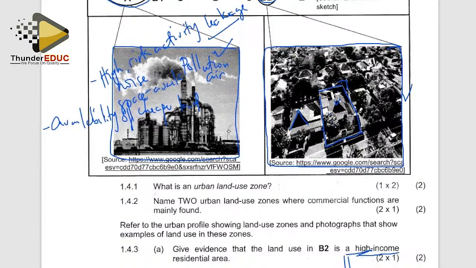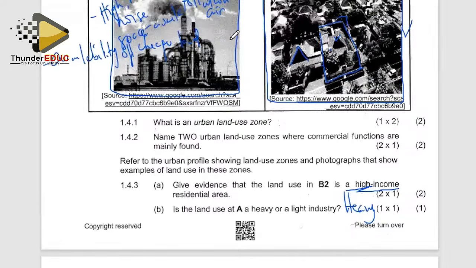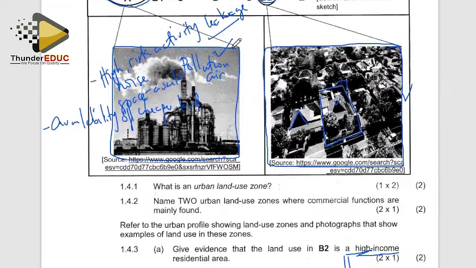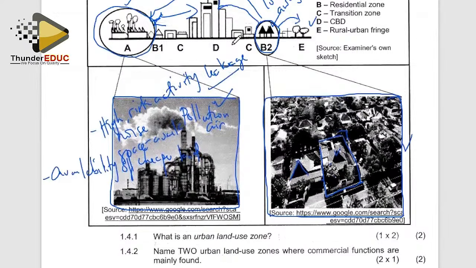We can safely say, for economic reasons, why do we have those activities happening away from the CBD? They need large pieces of land, which is not available close to the central business district of the town. So for that reason, they have to locate away so that they can access cheap available land on the very outskirts of the city.